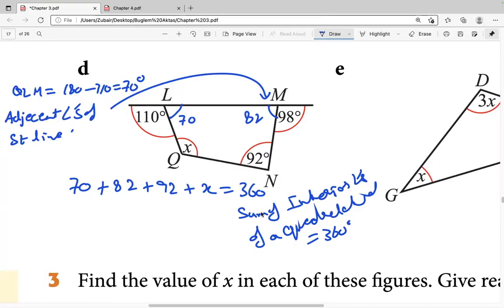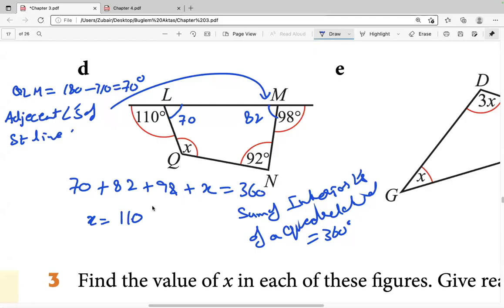70, 98 plus 82, 100 and 36? 110. That's 70, 82, and 98.